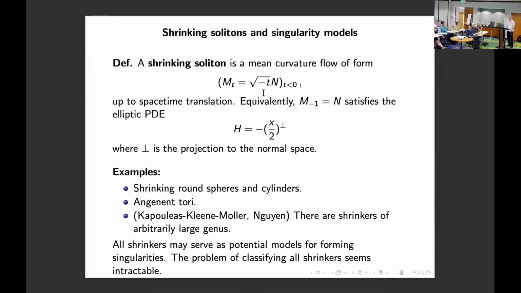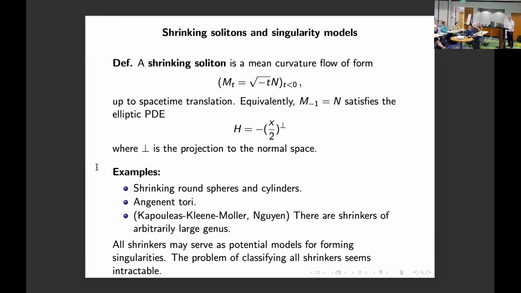Equivalently, you're saying that the time minus 1 surface, which is n, satisfies this elliptic PDE. The mean curvature vector is equal to the following. X is the position vector, so you take -1/2 that and take the orthogonal projection to the normal space. That should be equal to h.